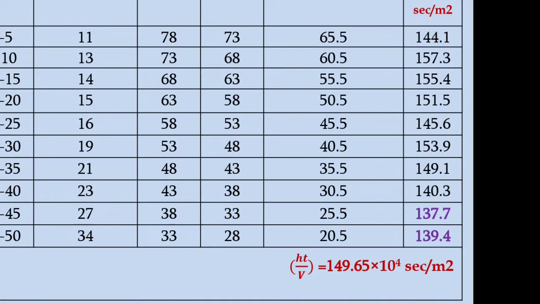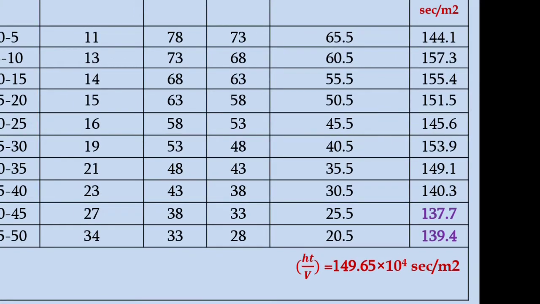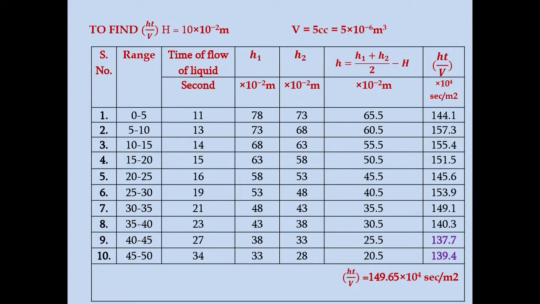The readings highlighted in violet color are left out while taking the average, since they are more deviated from the other readings. I have added all the other 8 readings and divided by 8. So I got my Ht by V equal to 149.65 into 10 power 4 second meter square. So we have found Ht by V.